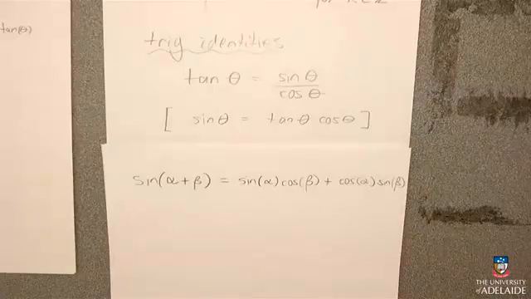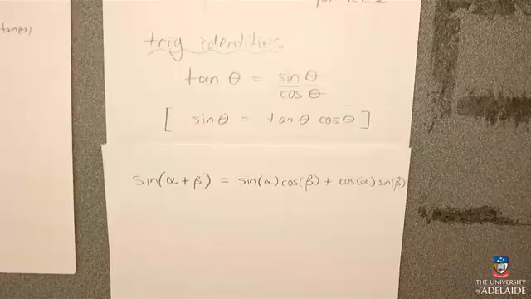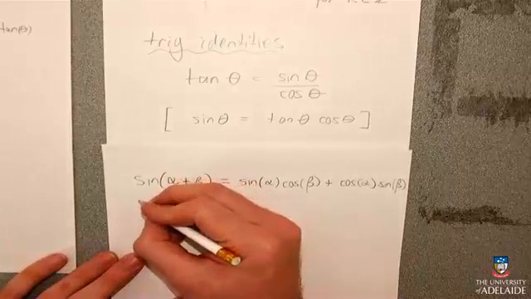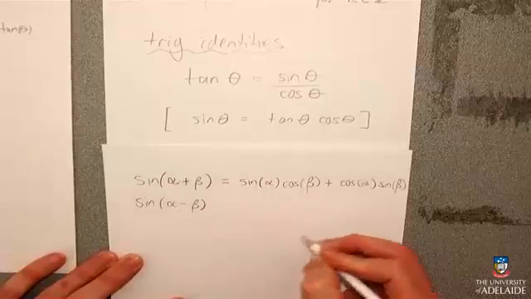I'm not sure if you're expected to remember that in Maths 1M or not, so that's something you need to ask your lecturer about. I used to remember it, I'll get to that in a second. Okay, and if you have a minus, then there's a minus here too.